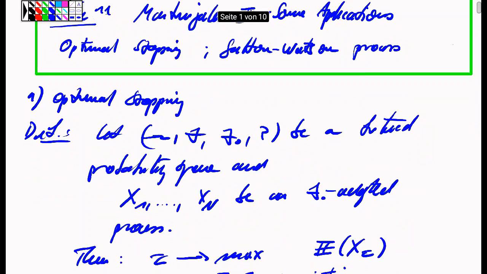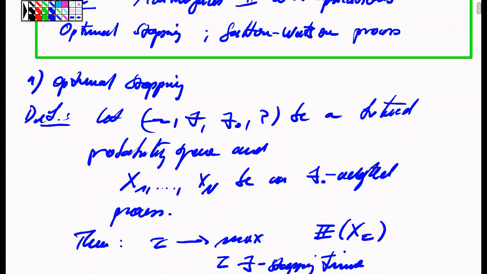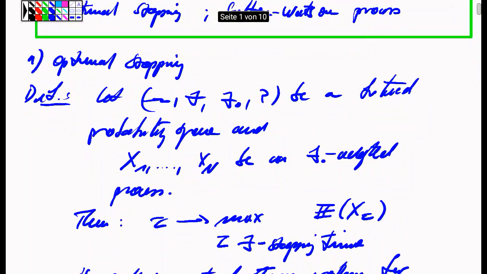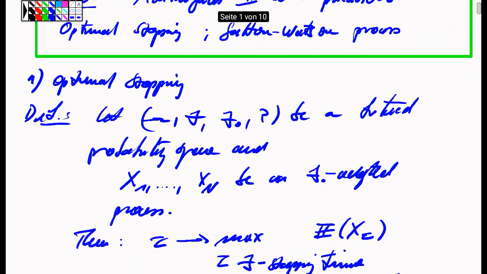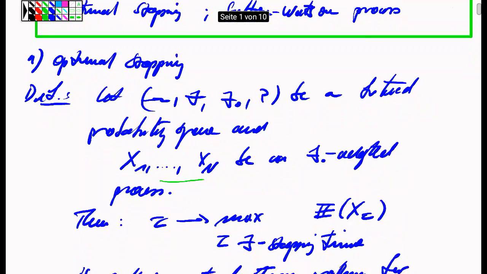Let's jump right into the definition of the problem. So let (Omega, F, P) be a filtered probability space, and let X1, X2, and so forth up to Xn be, in this case, a finite sequence of adapted random variables.